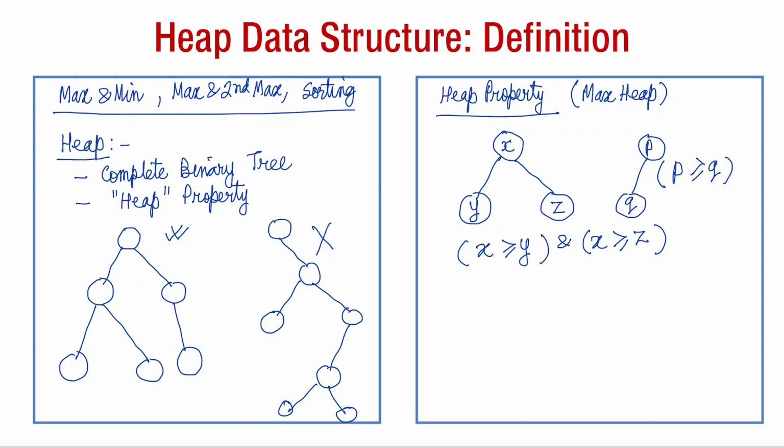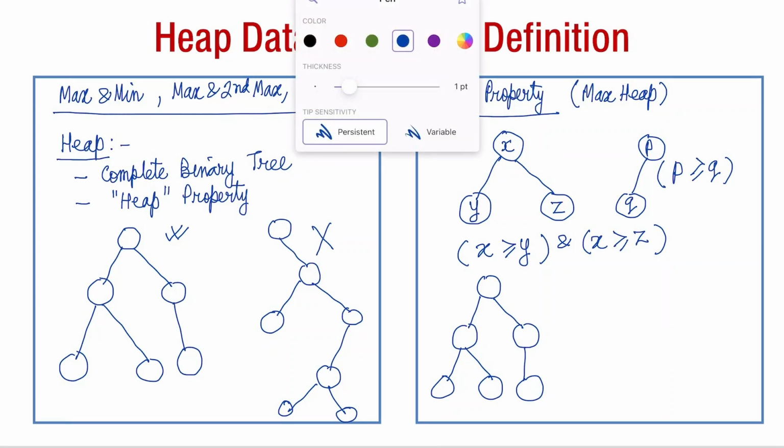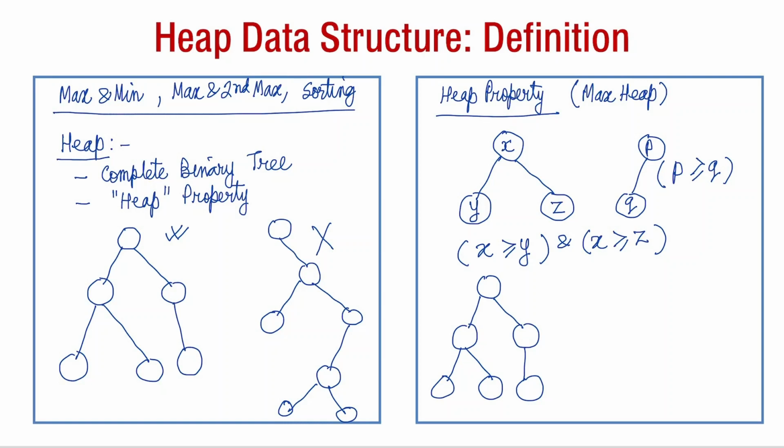So suppose we have a heap structure as defined here. Suppose we have this, and we put in the values of the heap nodes, 12, 3, 9, 8, 1, 2.